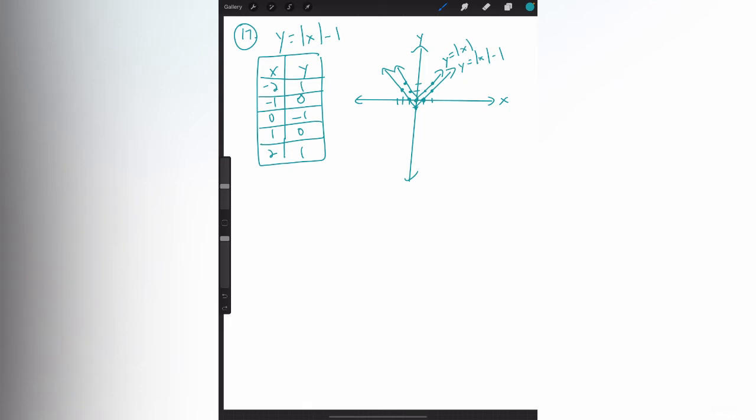Okay, so number 18, check this out. We have y equals the absolute value of x plus 2. If I go ahead and create my table here, like I said, I like picking -2, -1, 0, 1, and 2.